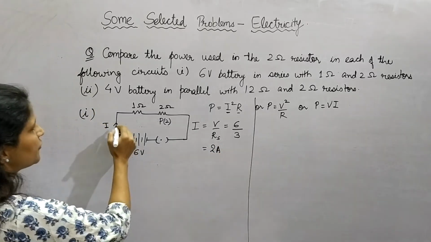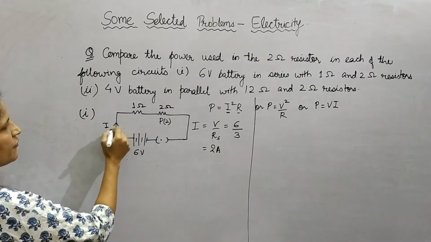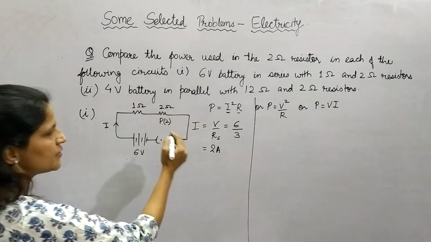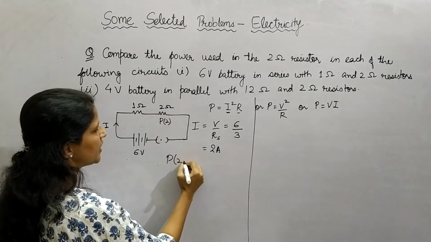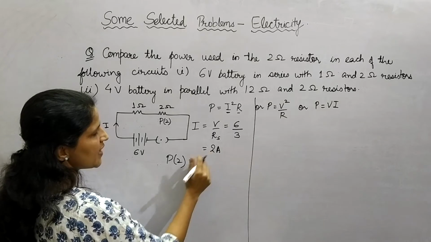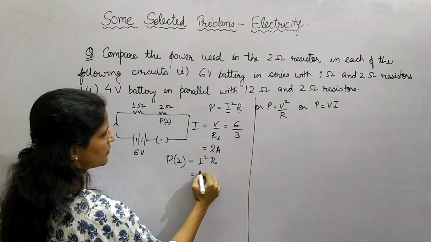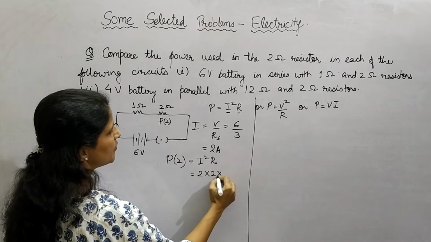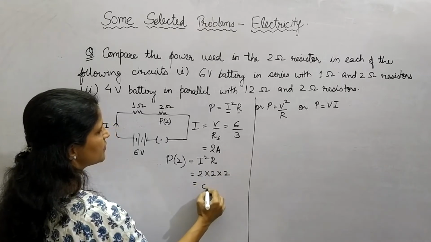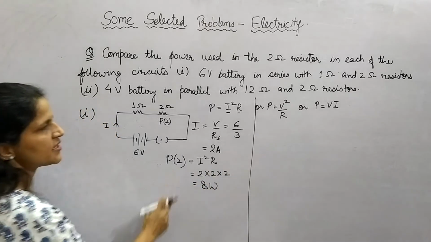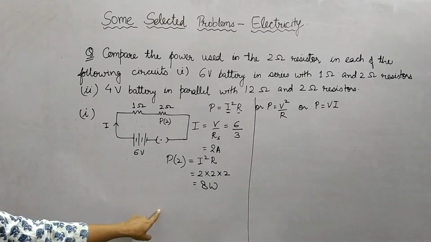Now this current of 2 ampere is the same flowing through both the components. So if I want to find out the power at the 2 ohm resistor, I'll use this value of current in the formula I square R. So it will be 2 into 2 multiplied by the 2 ohm resistor, which gives me 8 watt. So this is the usage of the first formula.